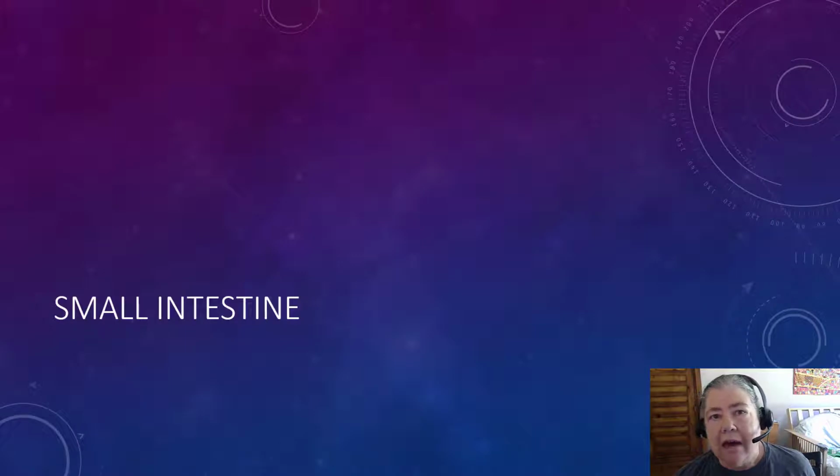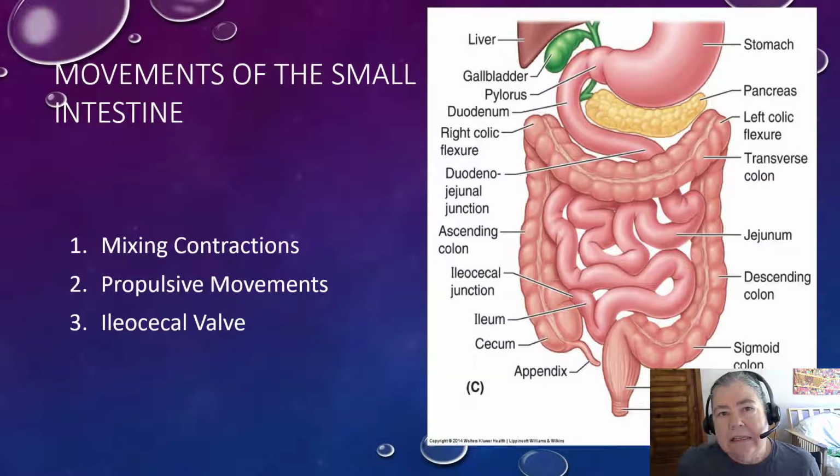So we have left the stomach through the pyloric valve and have entered the small intestine. And today we're going to talk about a number of important issues that have to do with the small intestine. The first is about movement in the small intestine.